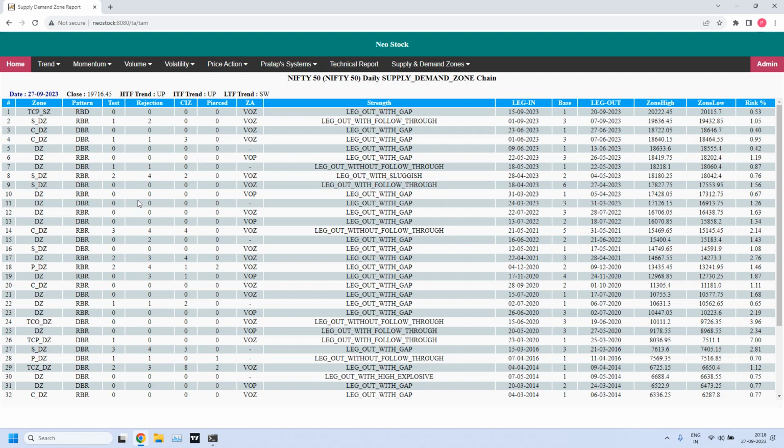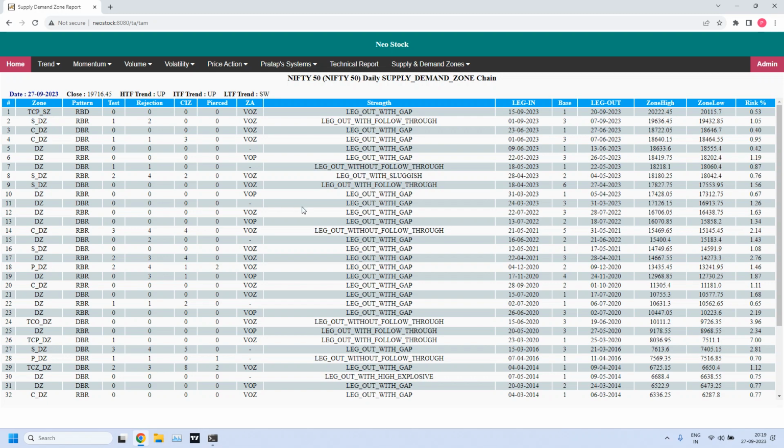Okay, before moving to the next time frame, 125 minutes, the point you need to observe: we have one supply zone, the immediate supply zone, and this next one is the immediate demand zone. So our concentration at present is between this demand and supply zones, and both these zones are high liquidity zones.